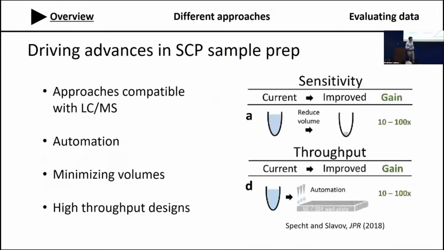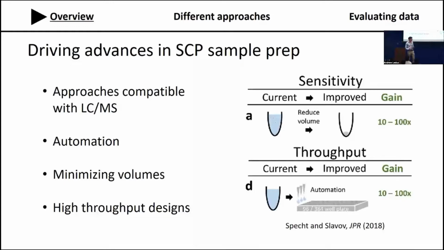And so to address these different desirable features, the field has made substantial progress recently, and these steps have been empowered by a couple of themes, one of which being using reagents compatible with LC-MS analysis. Like Nikolai said earlier, the instruments can be a bit sensitive and finicky to contaminant reagents.